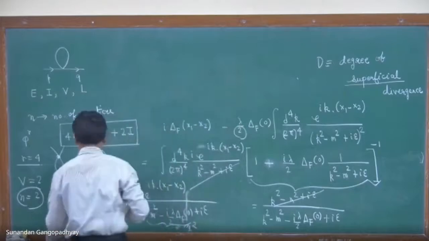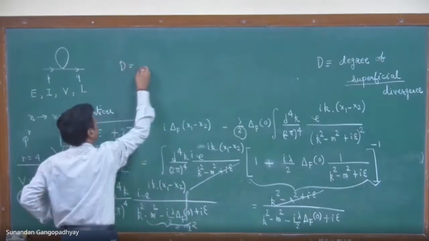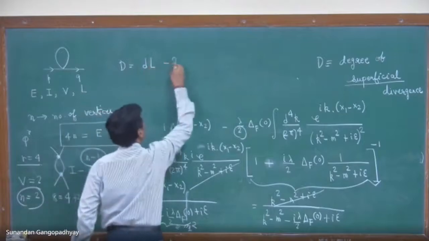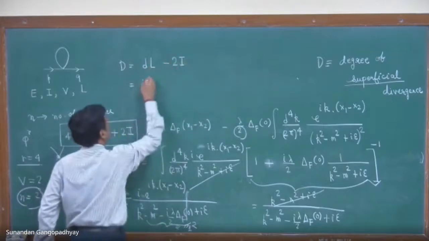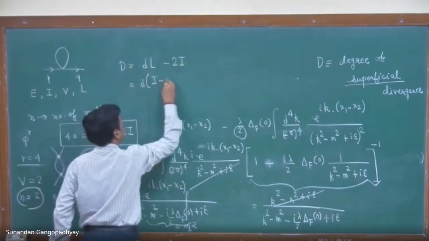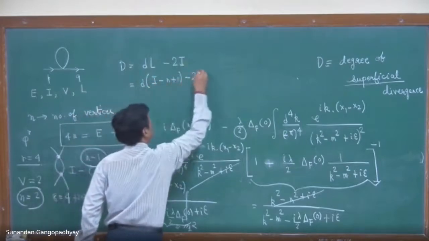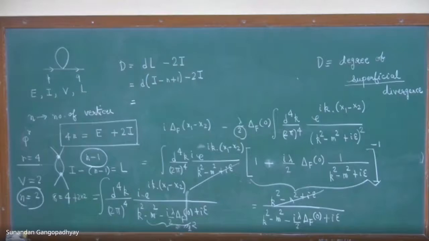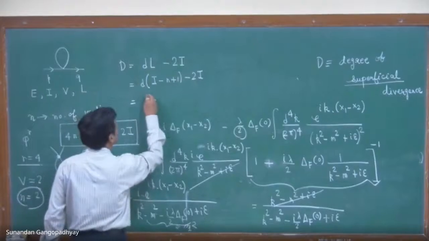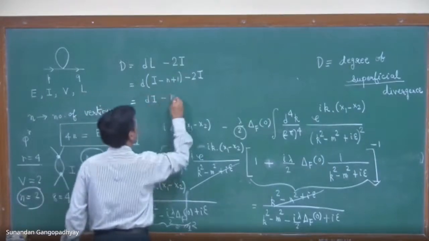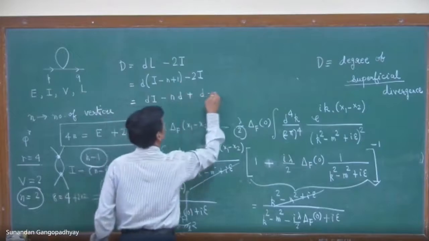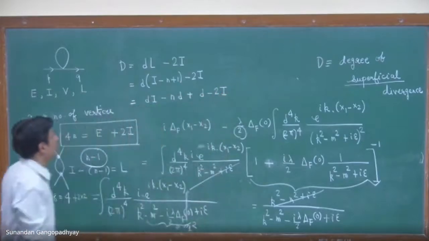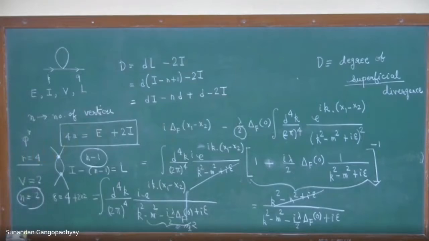So what we have is D equal to d L minus 2I, where L is I minus n plus 1, and you just need to do the algebra. This will give us d times (I minus n) plus d, minus 2I. Then we need to substitute.